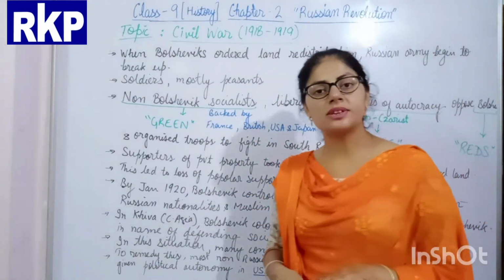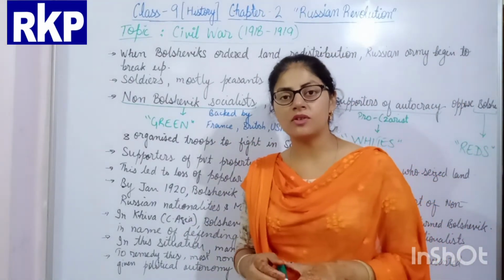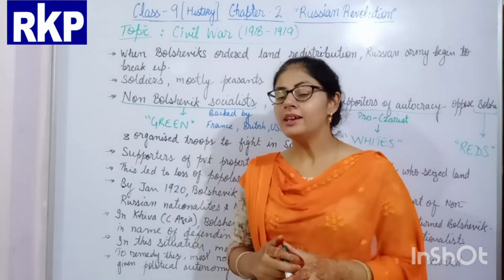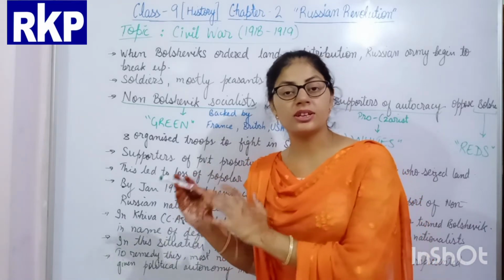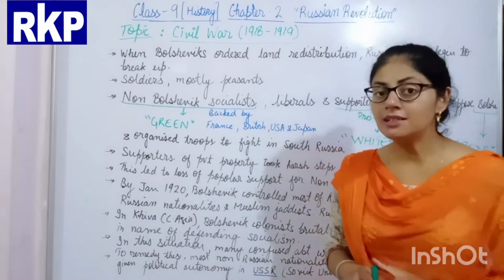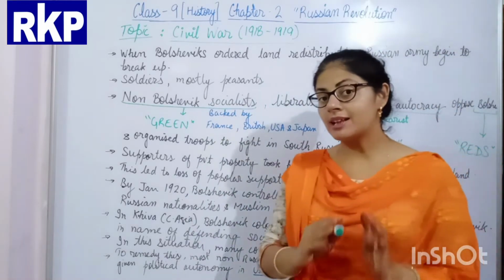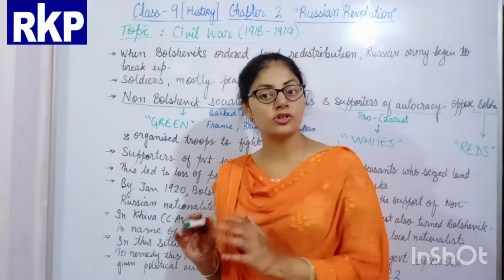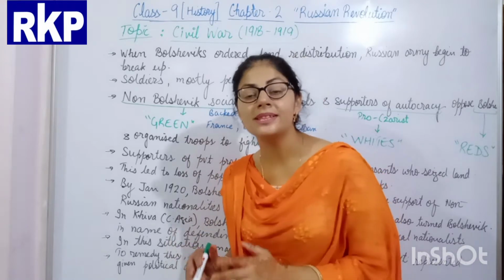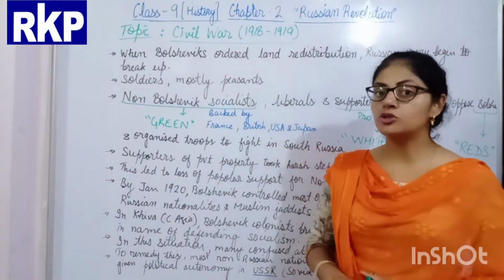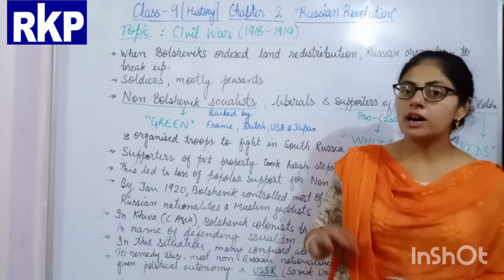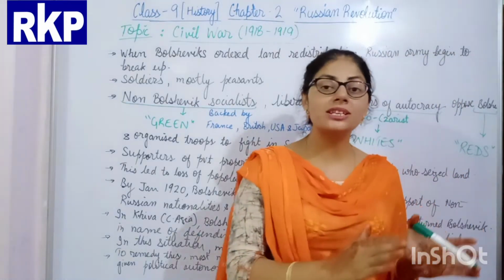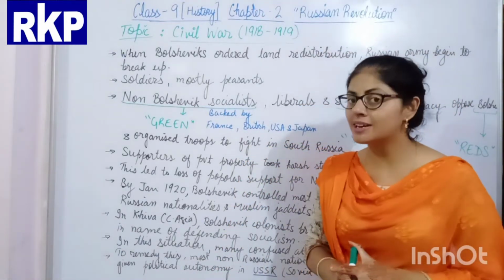As you know, we were discussing chapter number 2 of class 9th history, that is the Russian Revolution. Until now we have studied in the last video regarding the October Revolution and what happened in Russia after it. In the October Revolution, a socialist government came to power in Russia.